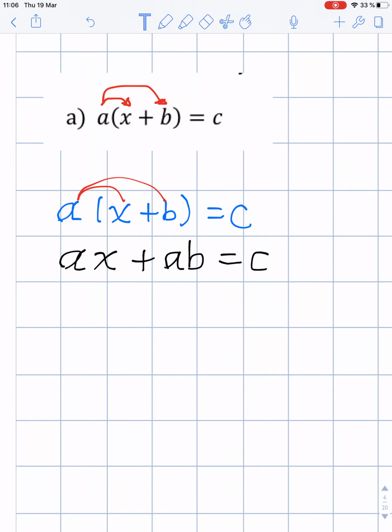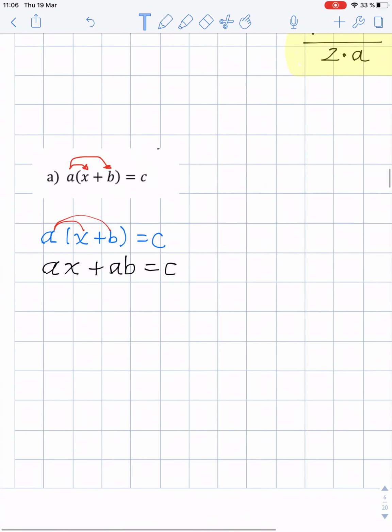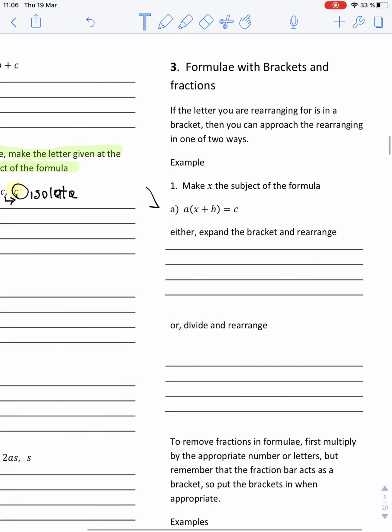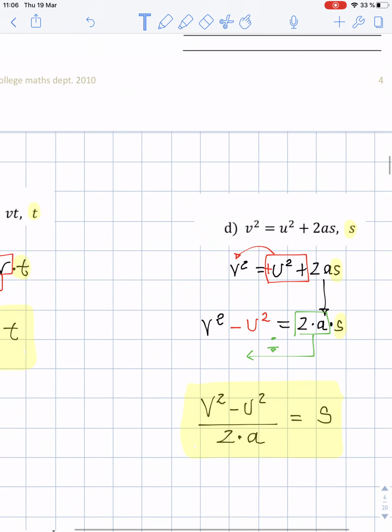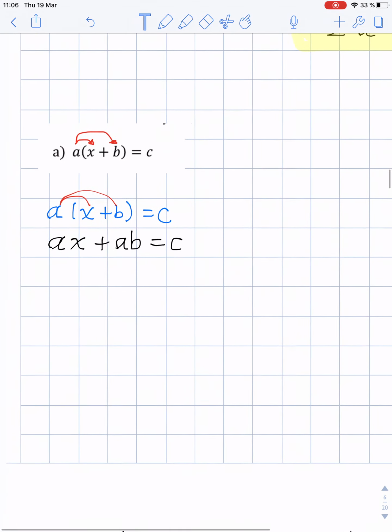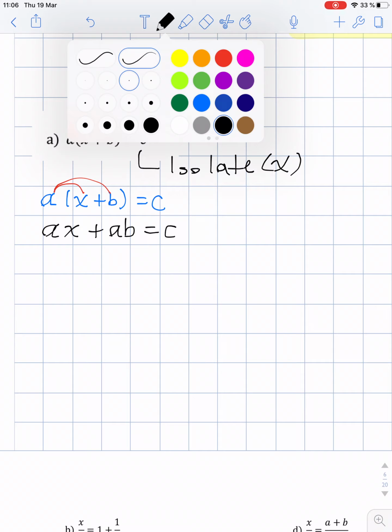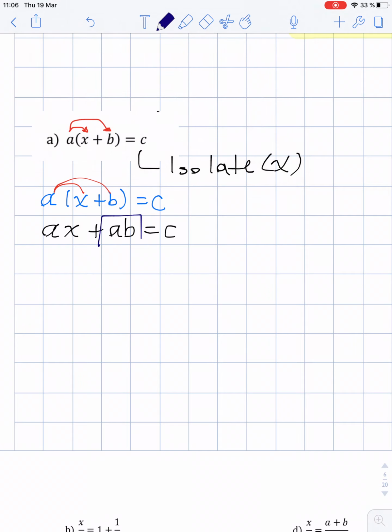If you see in this problem, we need to find the value, we need to make x the subject. We are going to isolate x. Now we're going to apply the inverse operation. The inverse operation means we need to move what is adding to the other side.